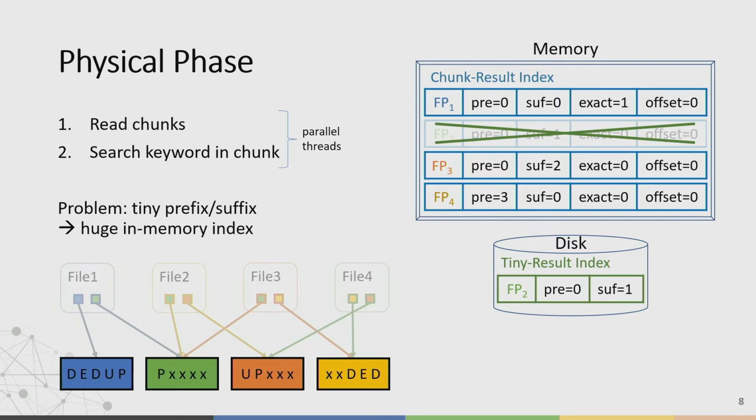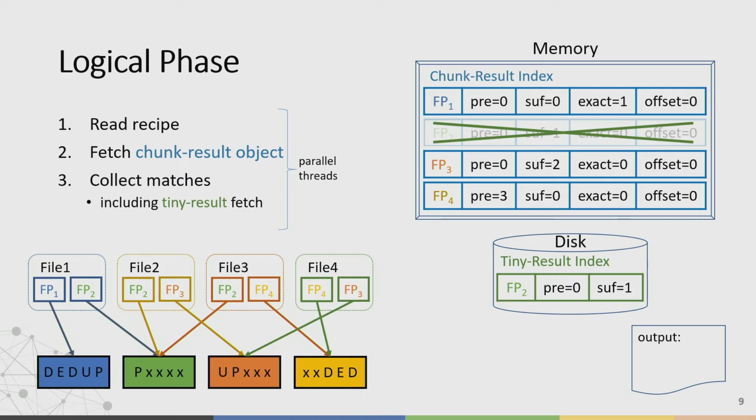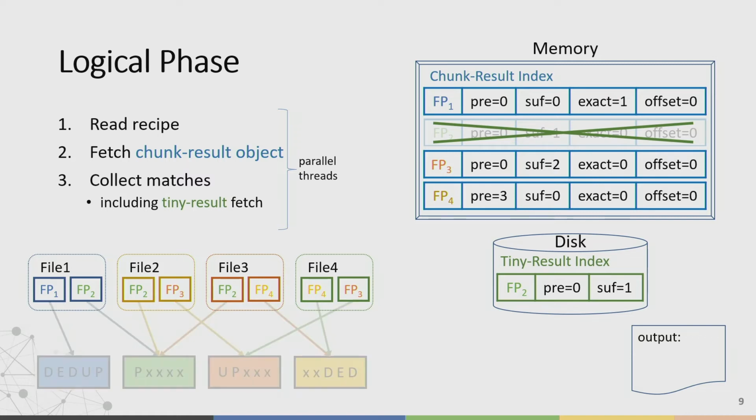Let's continue to the logical phase. The logical phase now has all its results from the physical phase, and we'll focus on the logical layer, on the file recipes. So we read all the file recipes, and we'll go fingerprint by fingerprint. First, we check fingerprint 1.